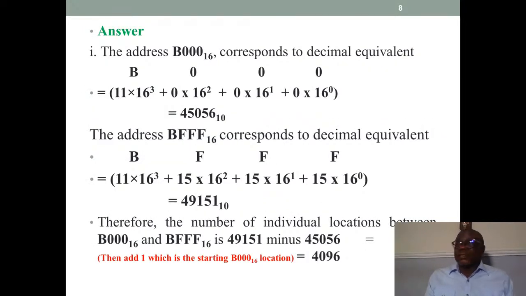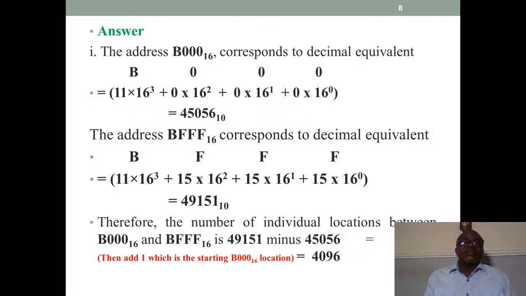So let's quickly look at how it can be done. The address B000 in base 16, we were told, is the beginning of the address location. So we find its decimal equivalent.